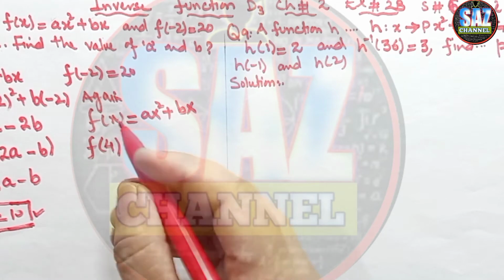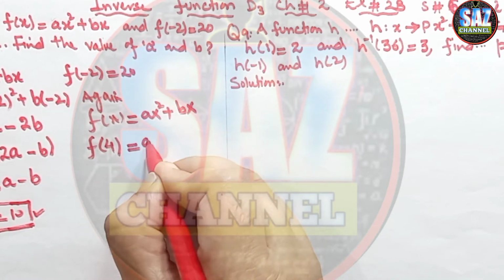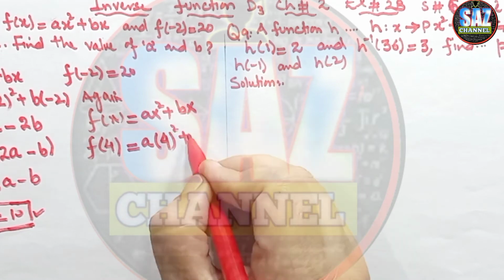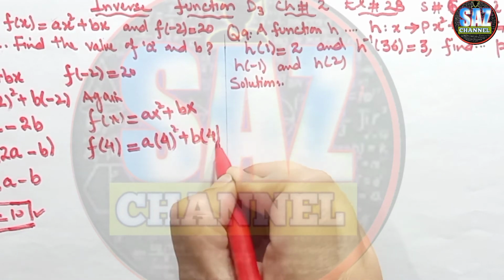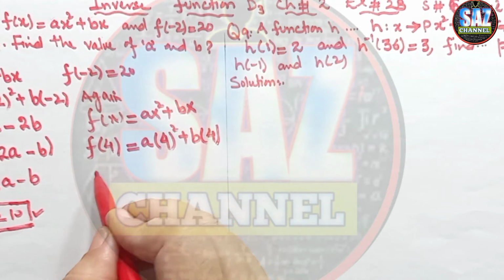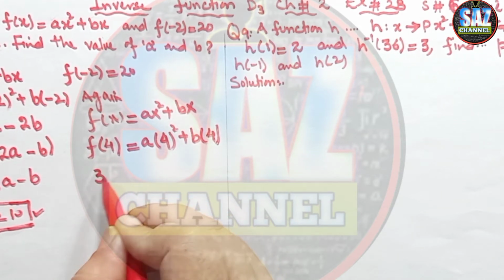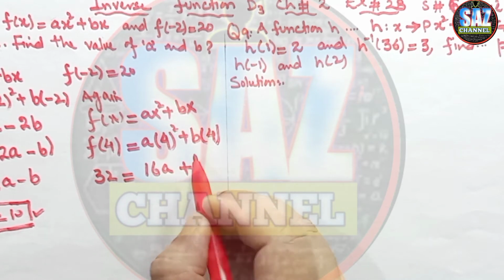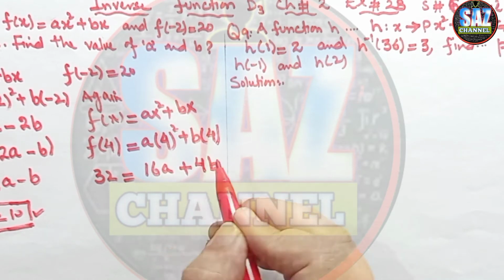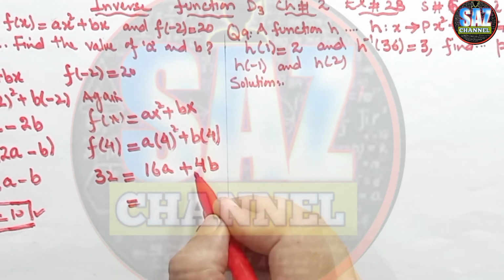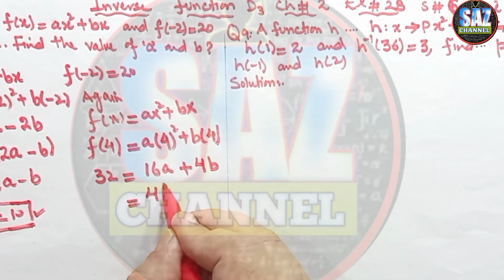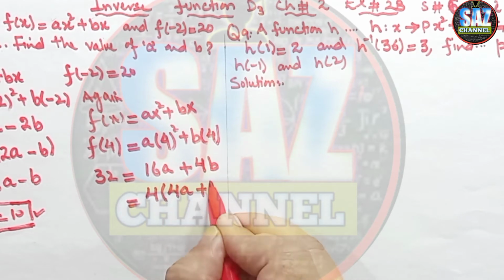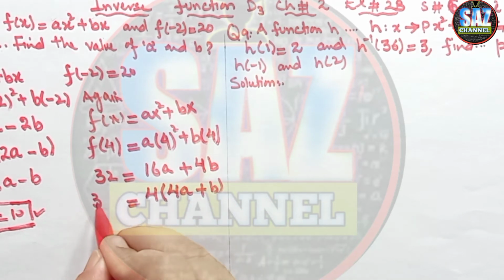F of 4 equals a into 4 square plus b into 4. So the equation will take the form 32 equal to 16a plus 4b. Again, from the right hand side I can take 4 as a common factor, and inside the bracket I will write 4a plus b equals 32.